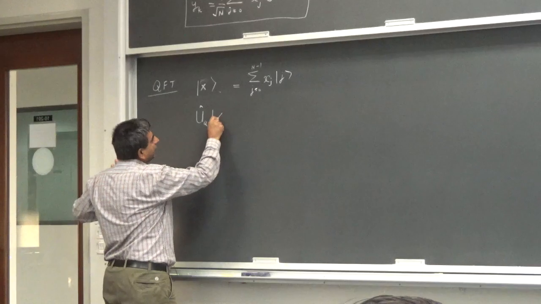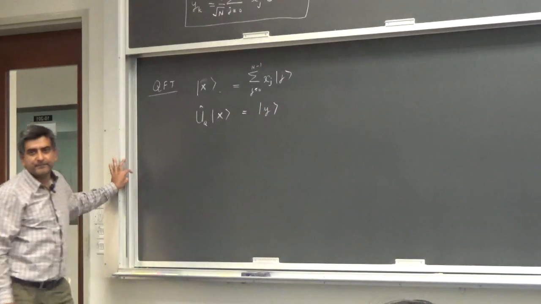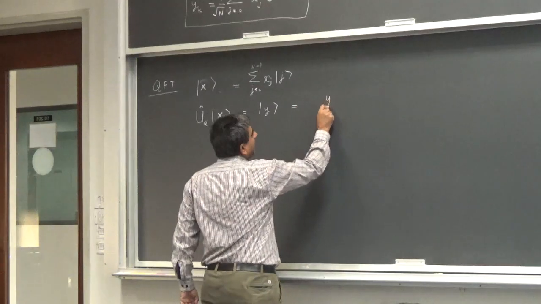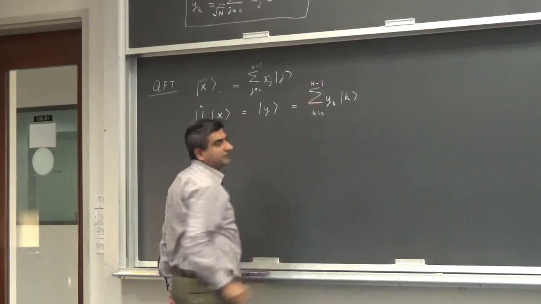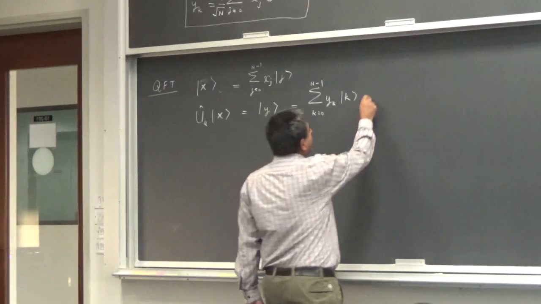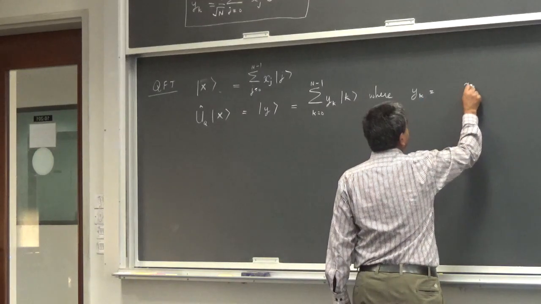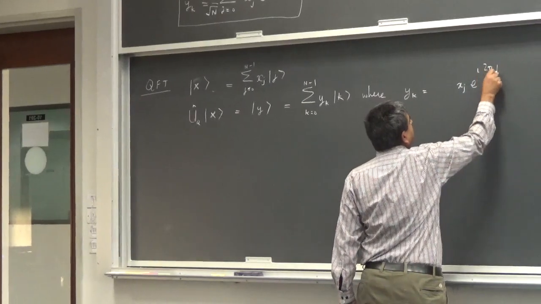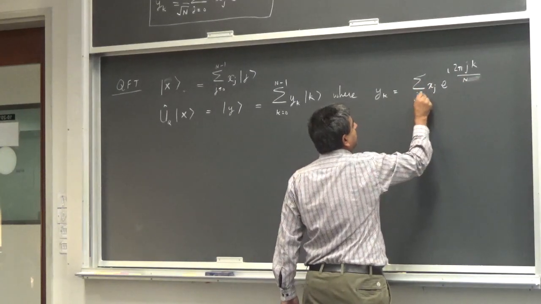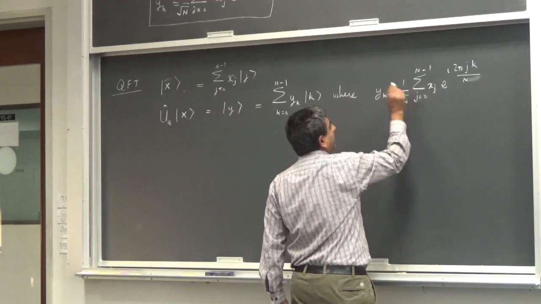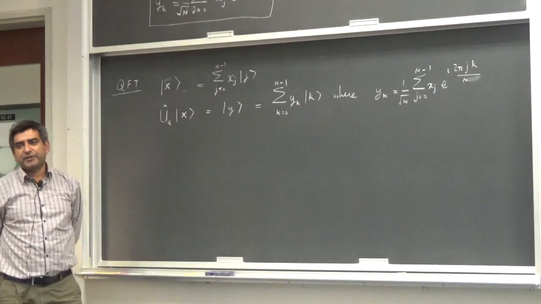So when U_Q acts on a quantum state ket x, I get another quantum state ket y, and its coefficients are given by the sum of y_k ket k, where y_k is the discrete Fourier transform of the vector that is made from the coefficients of this vector. So this is our definition of the quantum Fourier transform.